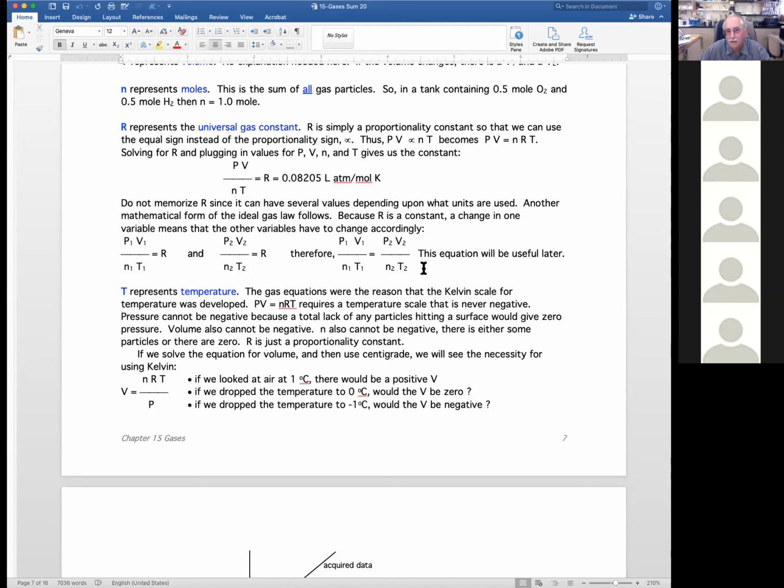And here is another form of the ideal gas law. It does not contain R in it. So if I added more gas to a container, N1 then turns into N2. And all these other things will change.